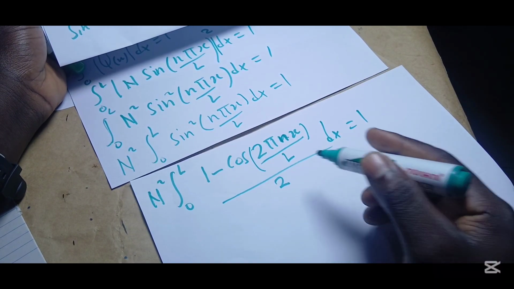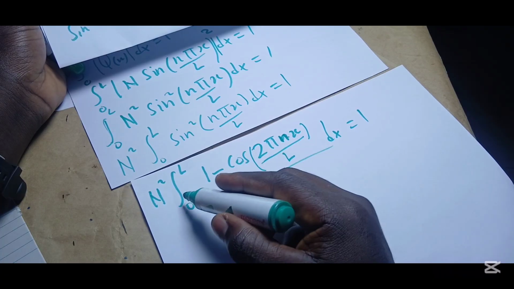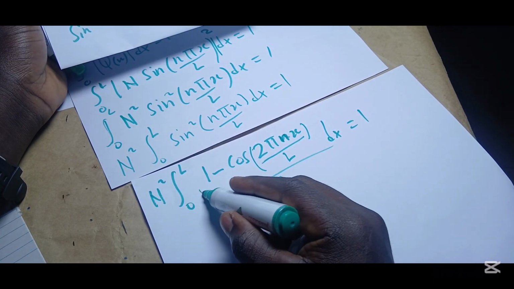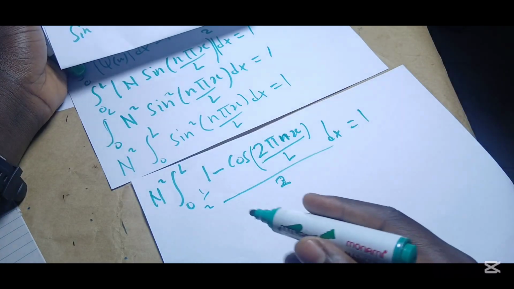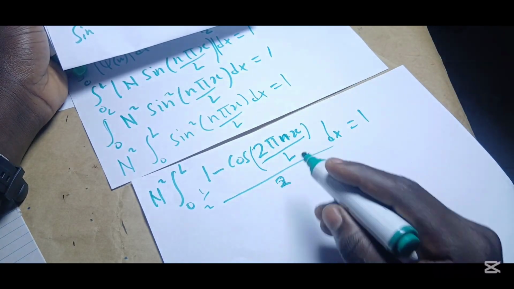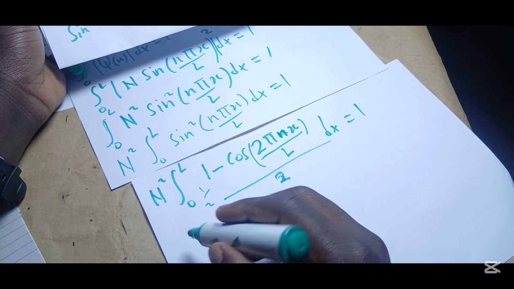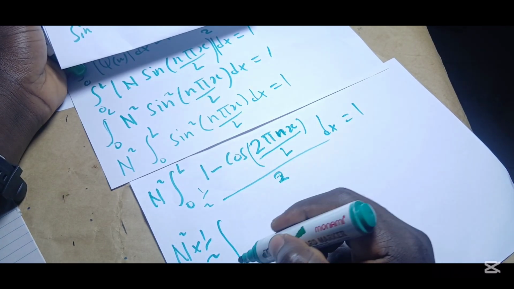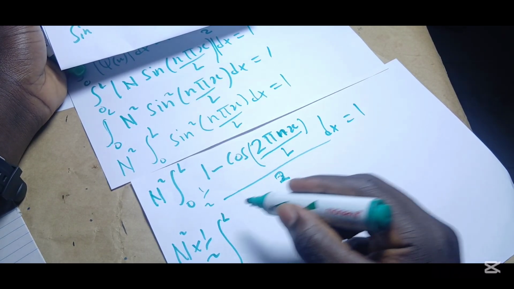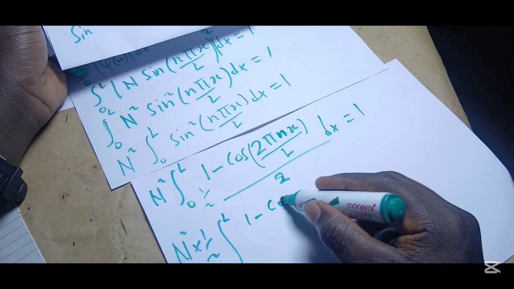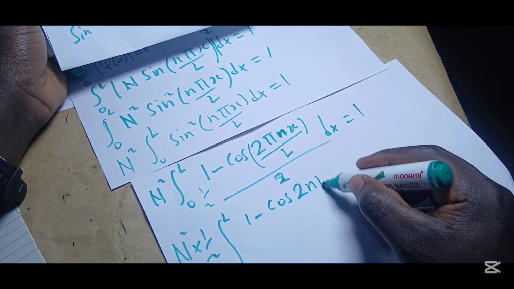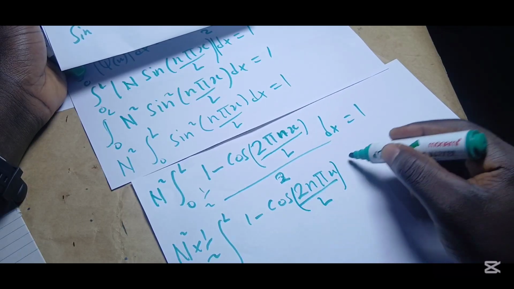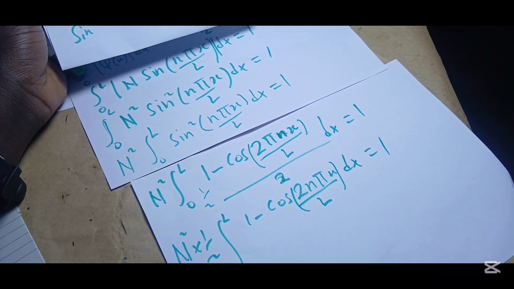Now we can factor this 2 out. Dividing the whole thing by 2 is the same as multiplying by half. So we bring that half out. So n squared multiplied by half, integral from 0 to L of 1 minus cos 2n pi x all over L, dx equal to 1.